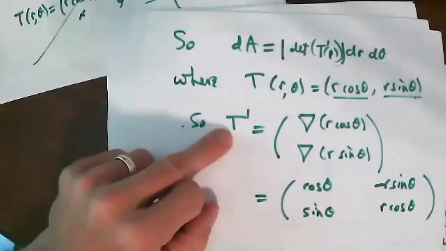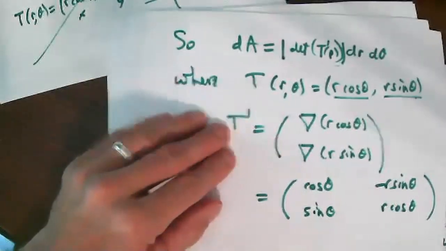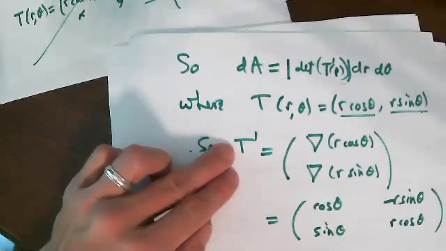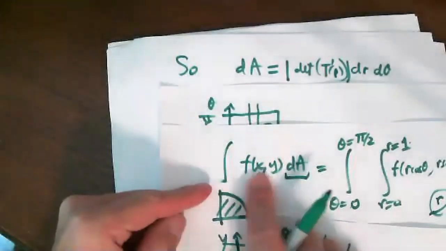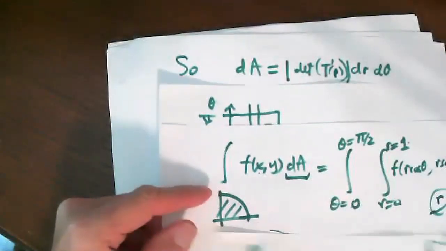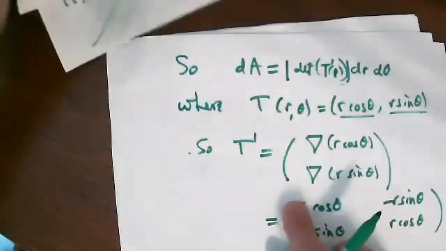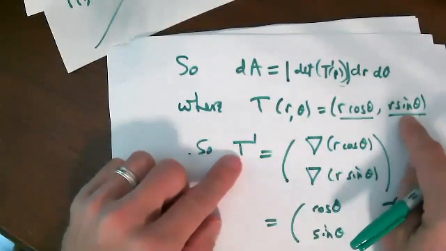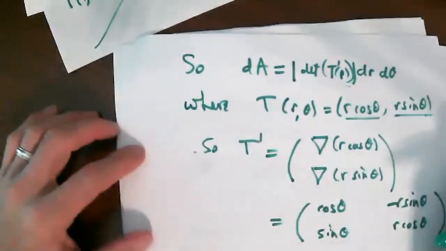So it's these derivative calculations that we were doing earlier in the semester that now are going to show up. I need to emphasize that this is not the derivative of the function that I was trying to integrate in the first place. I never told you what function I was going to integrate. It didn't matter. This is the derivative of the transformation function, the function that rewrites Cartesian coordinates in terms of polar coordinates.